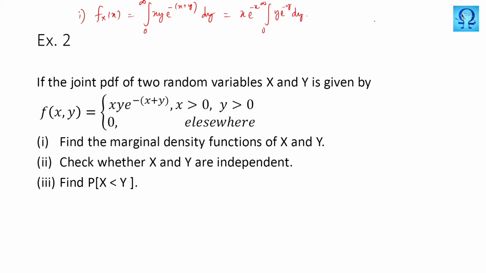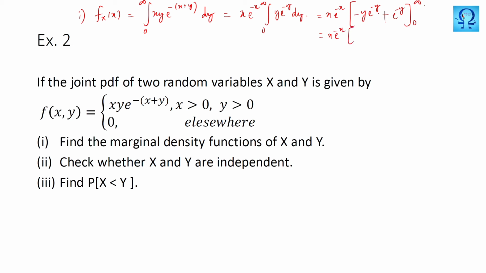Okay, we just need to apply integration by parts. So u is y and dv is e to the power minus y. Okay, and when you take minus times the integral of e to the power minus y dy, this is simply plus e to the power minus y over this limit, isn't it? So x e to the power minus x.